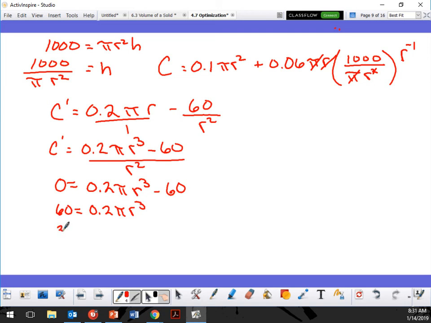Yeah. 300 over pi equals r cubed. And then we have to take the cube root. So r is equal to the cube root of 300 over pi. So I'm going to get decimals on this.